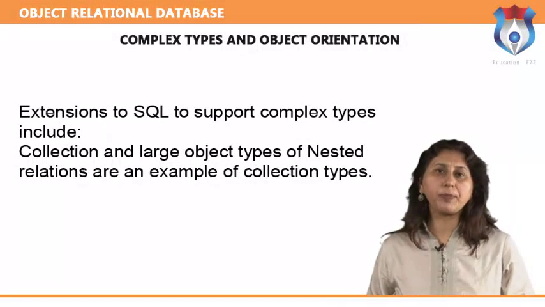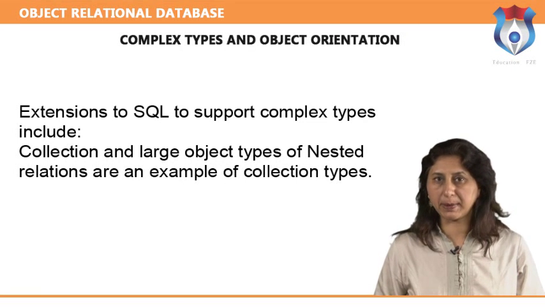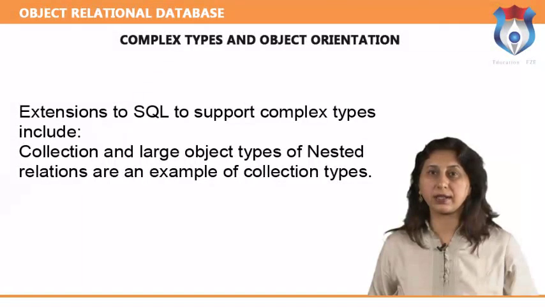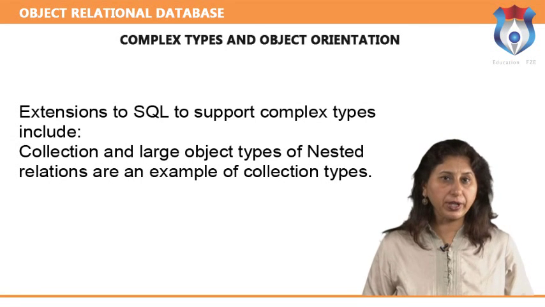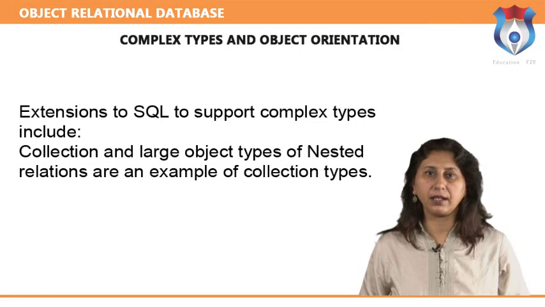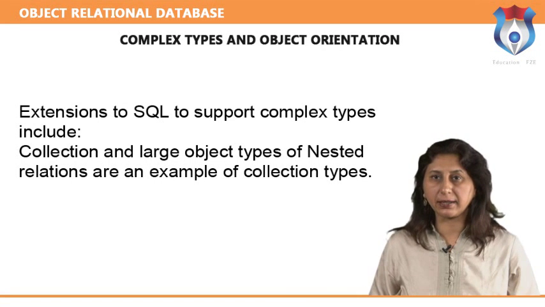Collection and large object types: nested relations are an example of collection types. Nested record structures like composite attributes, inheritance, object orientation, including object identifiers and references, are not fully implemented in any database system currently.